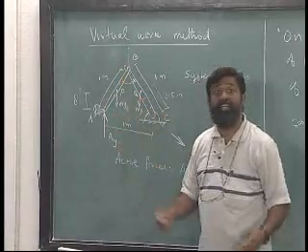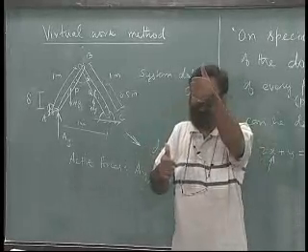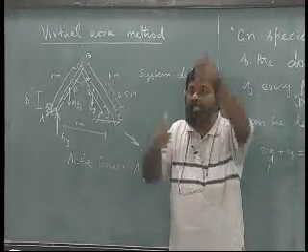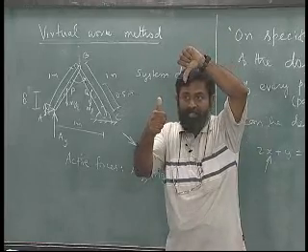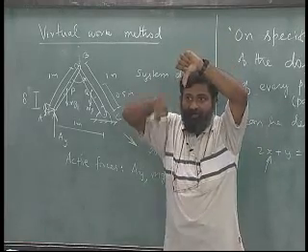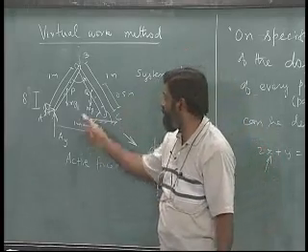So, I need to be bothered about the directions of both the force and the displacement. If they are along the same direction, it is positive. If they are opposing each other, it is negative. So, this is something we have to understand.